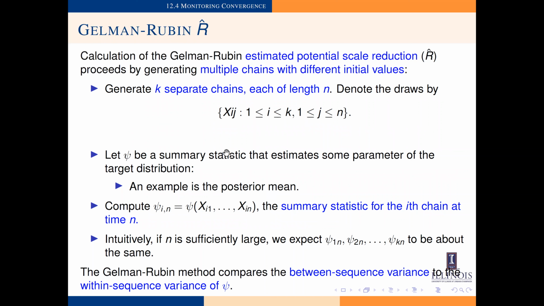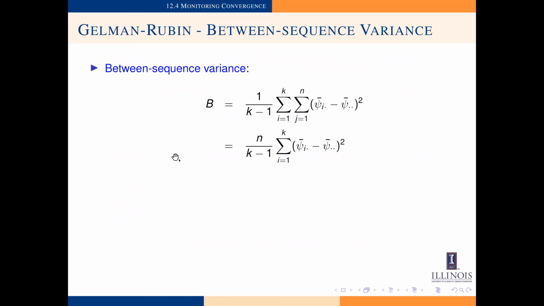The Gelman-Rubin method compares the between-sequence variance of the psis to the within-sequence variance of psi. The between-sequence variance is defined as follows. It's given by n divided by k minus 1, times the sum from i equals 1 to k of (psi_i-dot-bar minus psi-dot-dot-bar) squared.